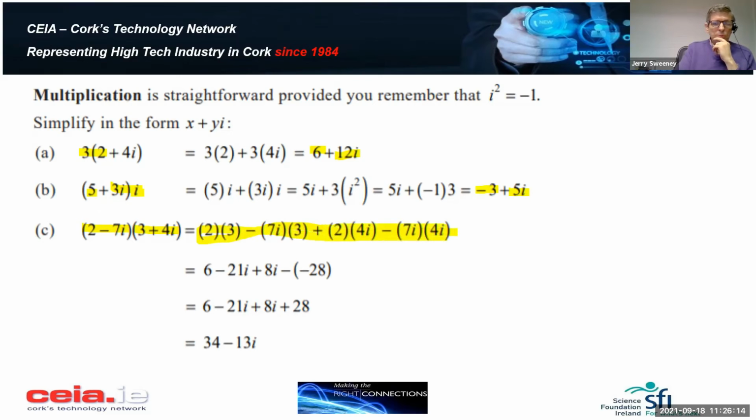Okay, so we multiply these out, and the first term is a real number. This one is an imaginary, and this one is an imaginary, and the third one is minus 7i multiplied by 4i, which is minus 28 i squared. 4 sevens is 28 multiplied by i squared, so that's minus 28, but there's a minus sign in front of it already, and therefore it becomes plus 28.